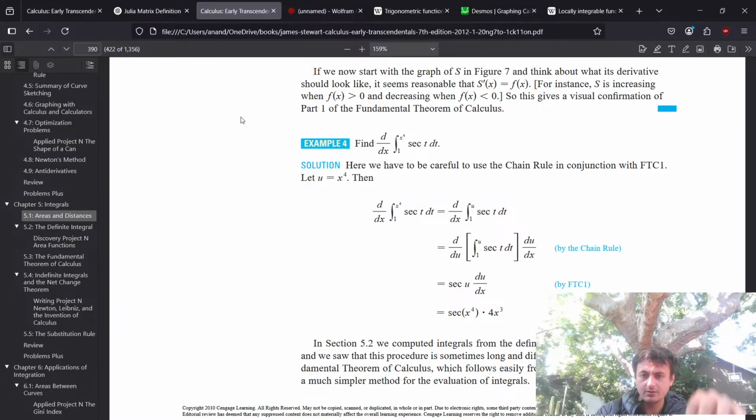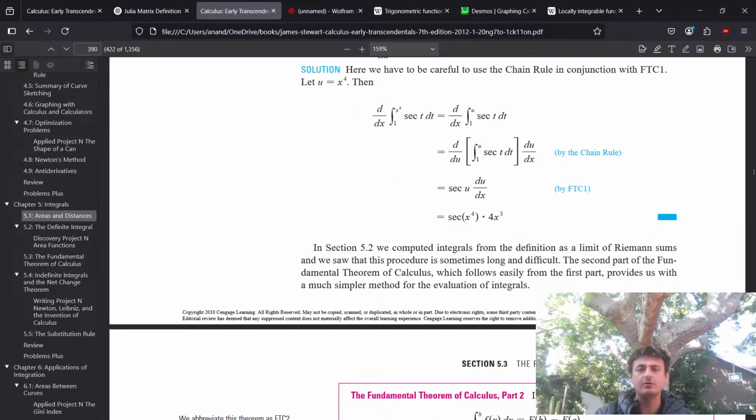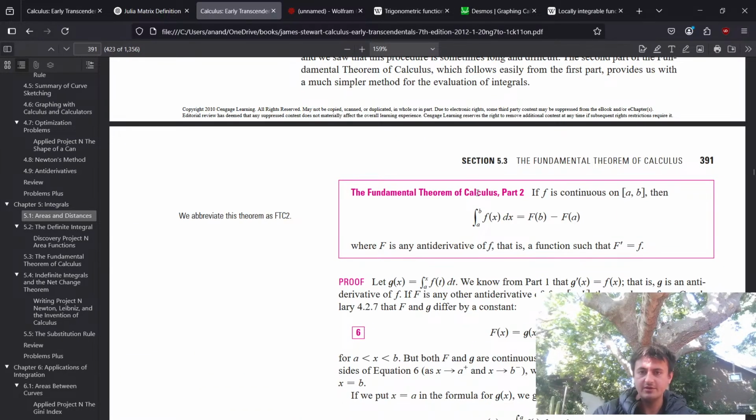Oh wait, yeah. This becomes u. So you end up with sec u times du/dx, which is equal to sec x to the fourth times 4x to the third. All right. Okay, cool. Yeah, see, this is the kind of stuff that I need practice with.